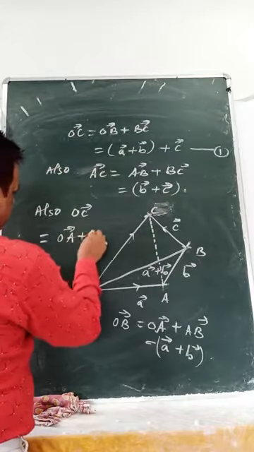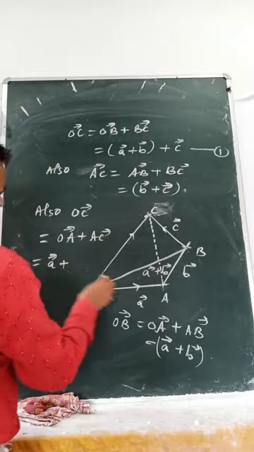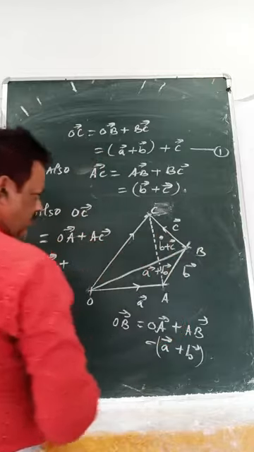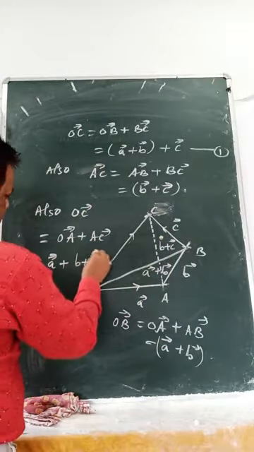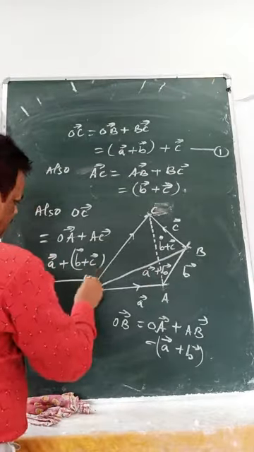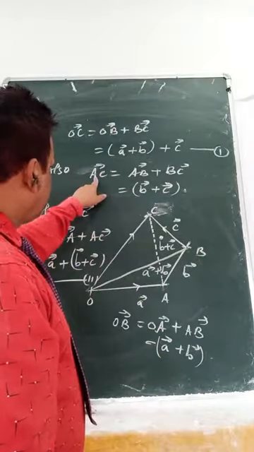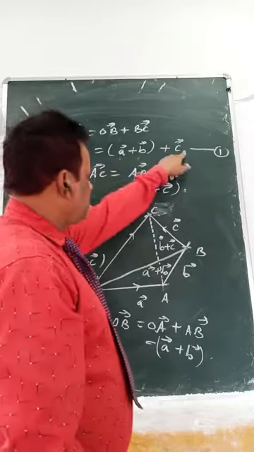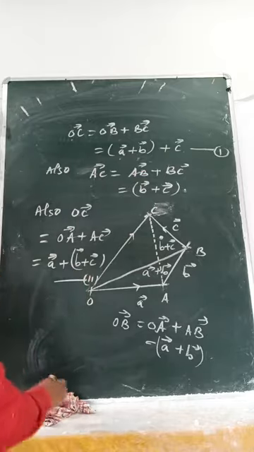OA is A vector, and AC is B plus C, so B plus C in the bracket. Now compare 1 and 2. Here is OC, A plus B plus C. Here is also OC, A plus B plus C. So from 1 and 2.